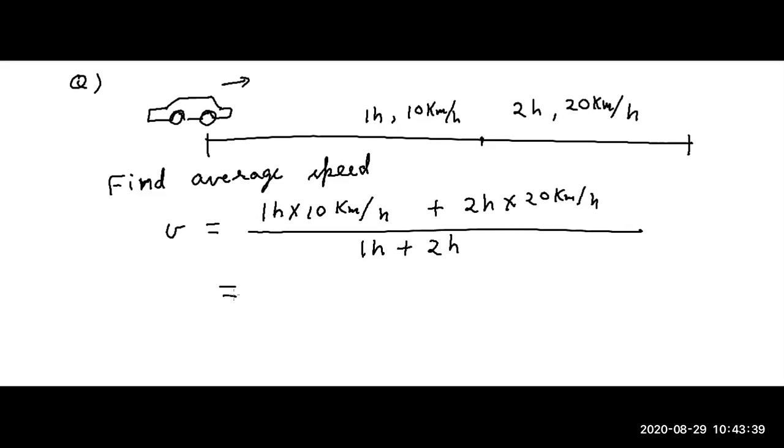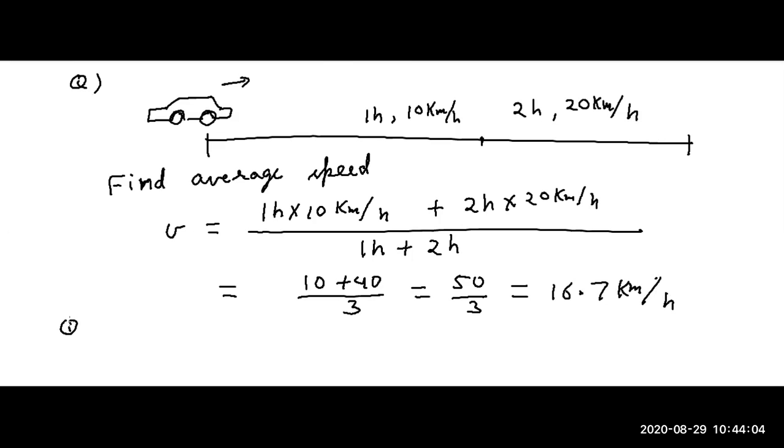So it will be 10 plus 40 divided by 3. So we are getting 50 by 3, approximately 16.7 kilometer per hour.